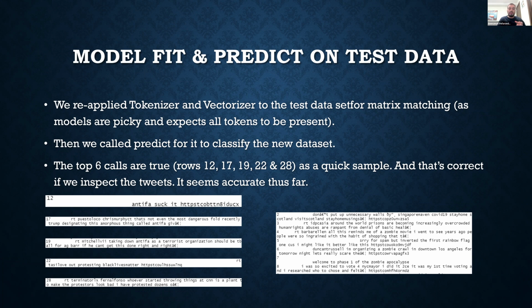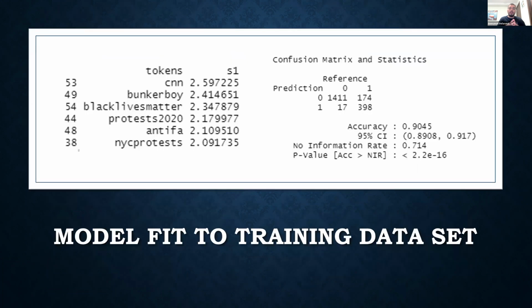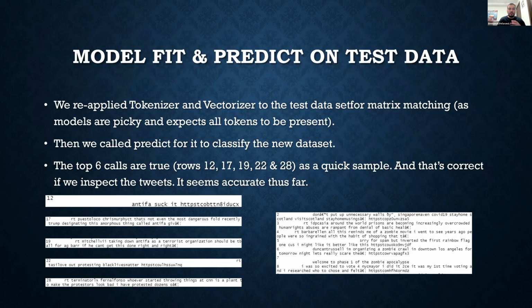We don't have a benchmark to give the statistics of the accuracy or the 95% CI or any other statistical value, because this is new data that the system has not seen and that has not been previously labeled like the training data set. So for the test data set, we can't give you the statistics, because this is a real life example and we're doing the modeling technique, right?